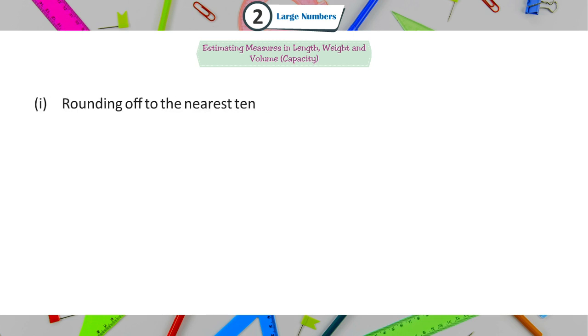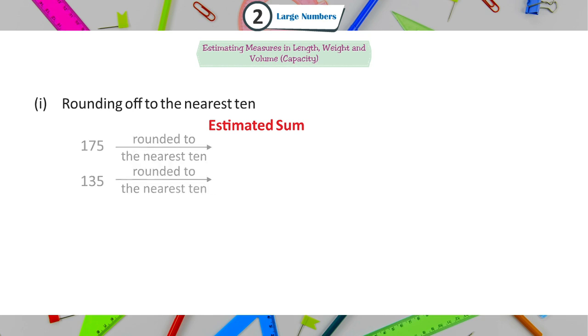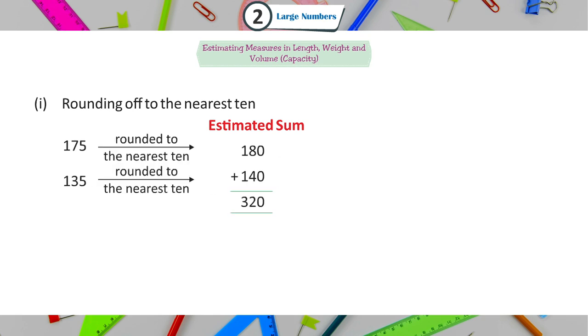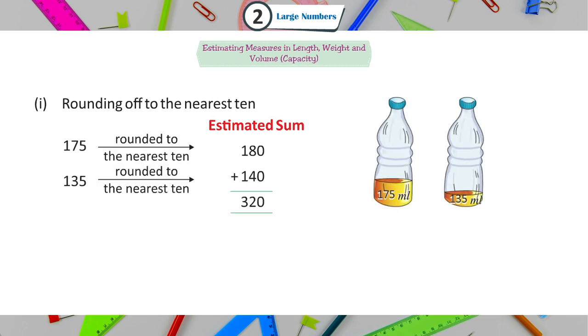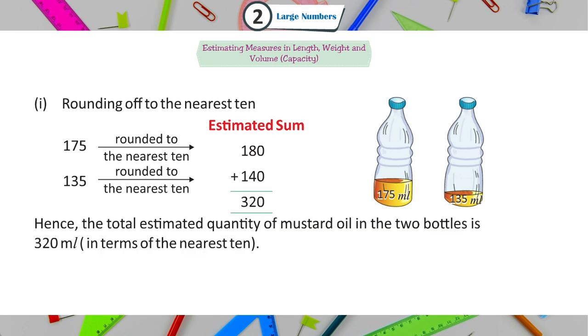Rounding off to the nearest 10. Estimated sum. 175 rounded to the nearest 10 is 180. 135 rounded to the nearest 10 is 140. 180 plus 140 is equal to 320. Hence, the total estimated quantity of mustard oil in the two bottles is 320 milliliters in terms of the nearest 10.